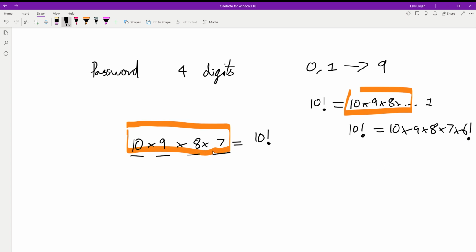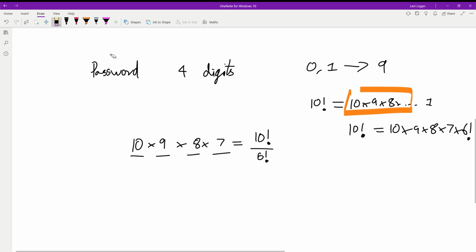So what we're missing here is a 6 factorial. So if I divide by 6 factorial, then that is equal to that, is it not? But what we've actually done here is that 6 factorial is the same as (10 minus 4) factorial. What we've done is taken the number of options we have and subtracted the number of placeholders. So we can rewrite it like this.